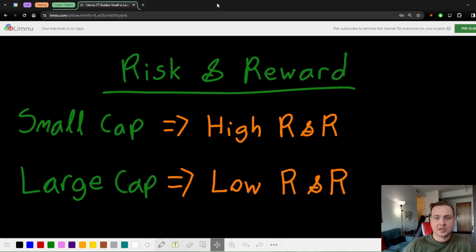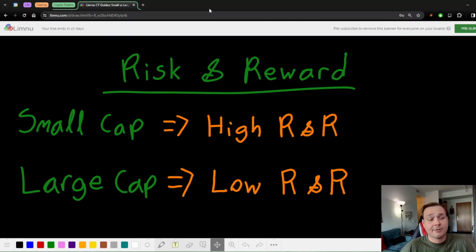We'll now touch on risk and reward. Now, for small cap tokens, they can offer higher potential returns, but with that also comes increased risk, just due to them being susceptible to higher volatility, lower liquidity, and generally a higher probability for projects to fail for a variety of reasons.